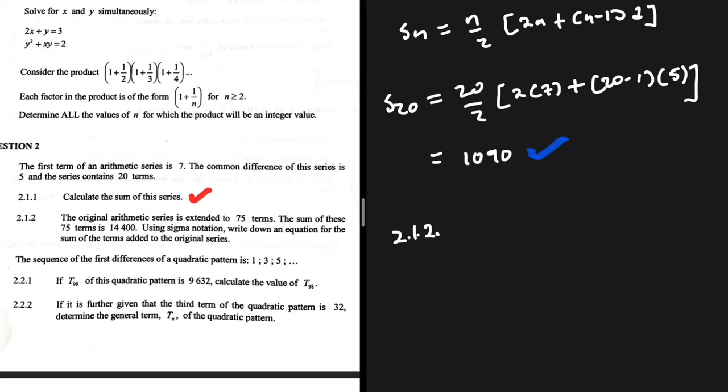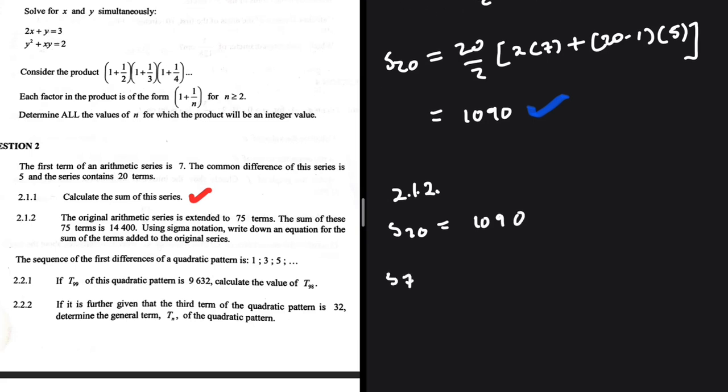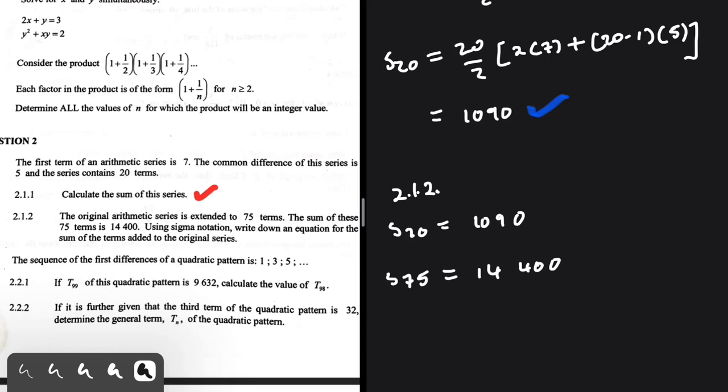We need to be very perspicacious here. In 2.1.1, we determined that the sum of the first 20 terms is 1090, and the sum of the 75 terms is 14,400.